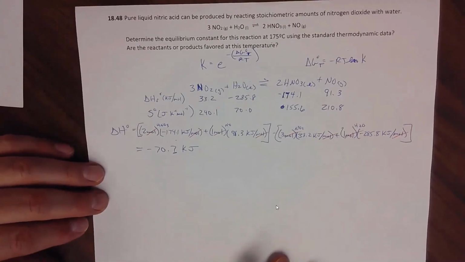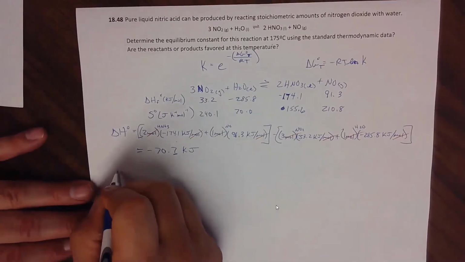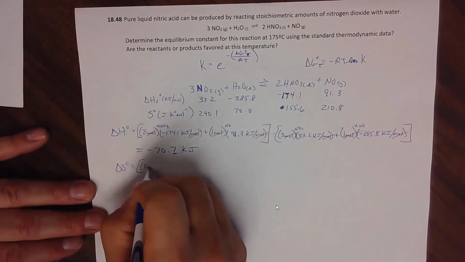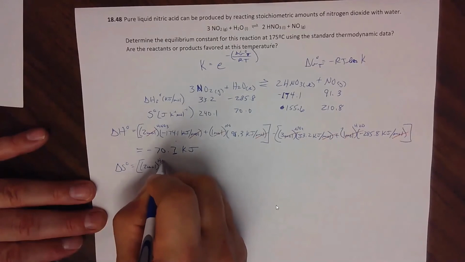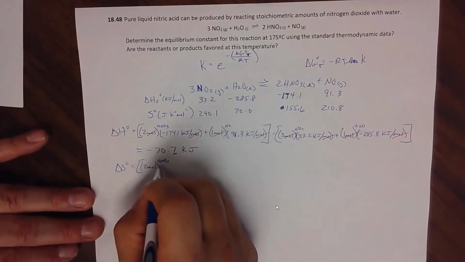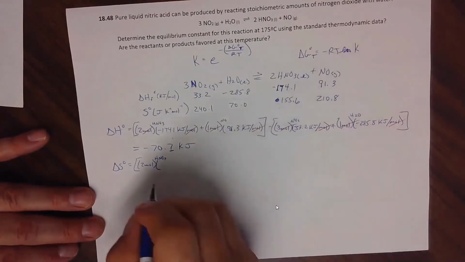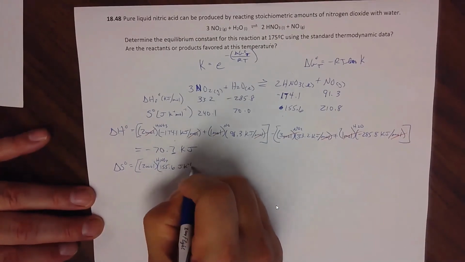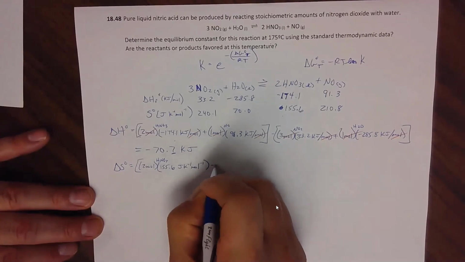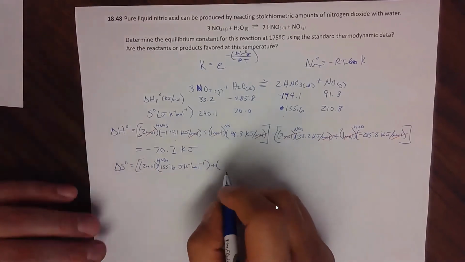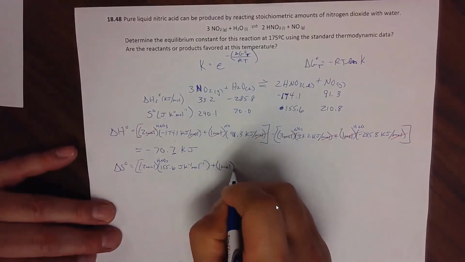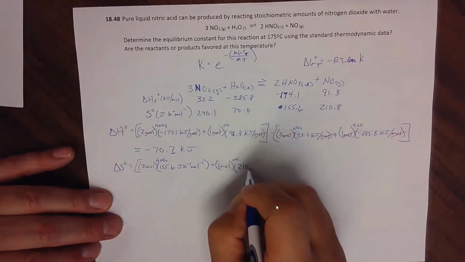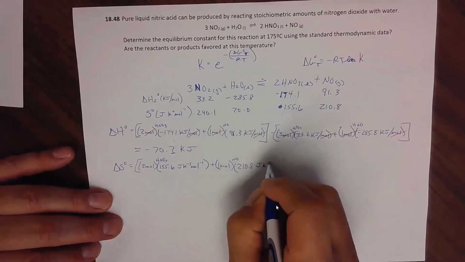We're going to do the exact same thing for del S. So the 2 moles of liquid nitric acid, this time 155.6 joules per Kelvin per mole, plus the 1 mole of nitric oxide at 210.8 joules per Kelvin per mole.